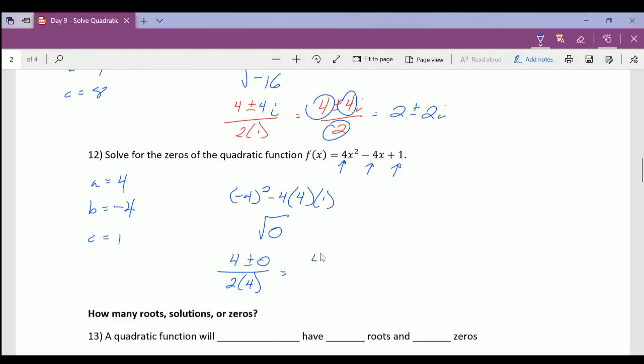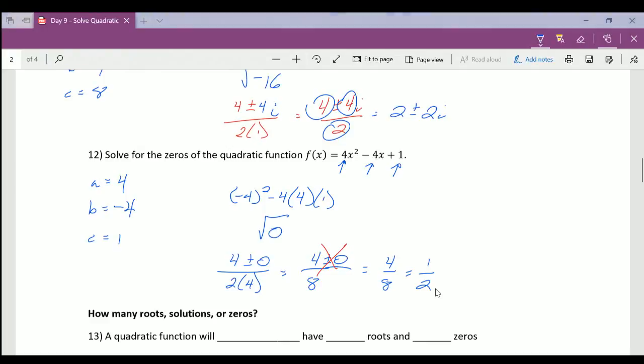In other words, that's going to be 4 over 8. If you want to keep going with this plus minus 0, you can, but 4 plus 0 is still 4, 4 minus 0 is still 4, so we can just ignore it, say the answer is 4 over 8, which does reduce to 1/2, or 0.5 if you're looking for a decimal.